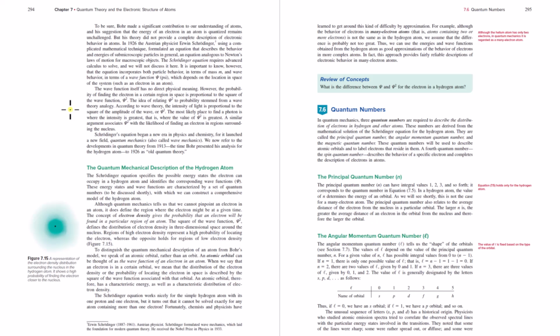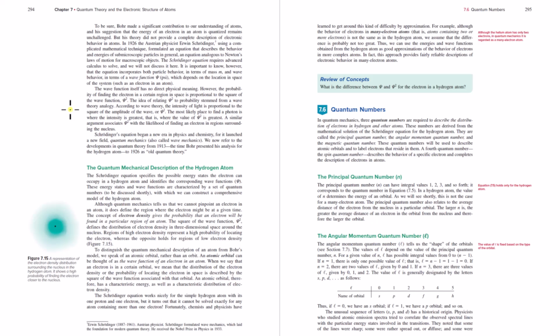Now, to apply the Schrödinger equation, the 3D wave function, to a specific case, like electrons around an atom, or to any case, you apply boundary conditions based on that case.